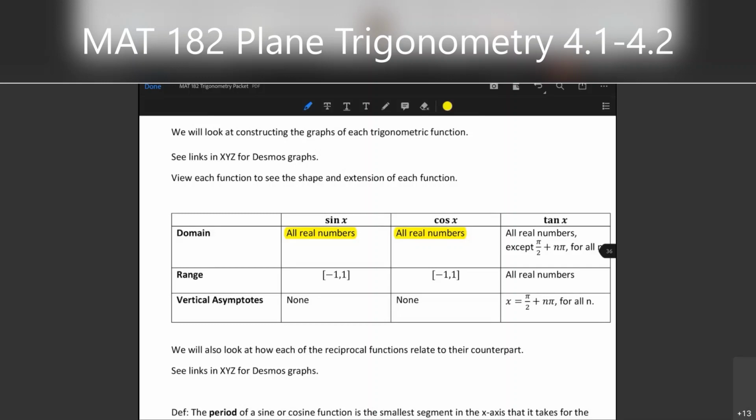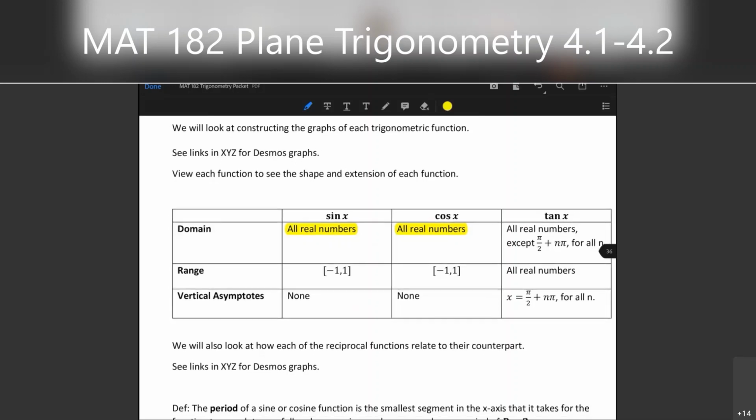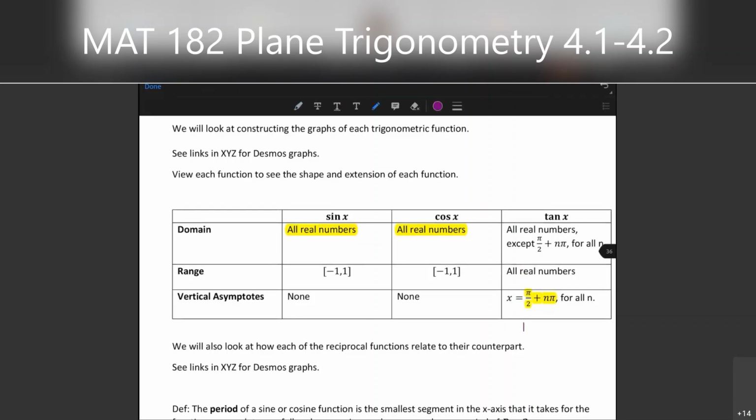The tangent function, on the other hand, did have vertical asymptotes, and they happen to be at pi halves, and then every pi after that will have an asymptote. So this is what this expression is. We'll have an asymptote at pi halves to start, and then we'll have another one at pi halves plus pi.